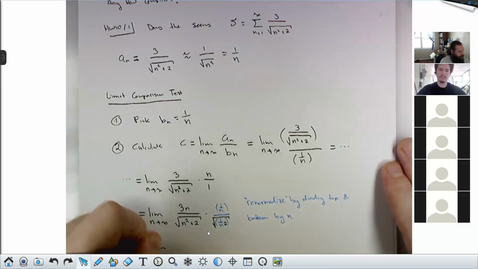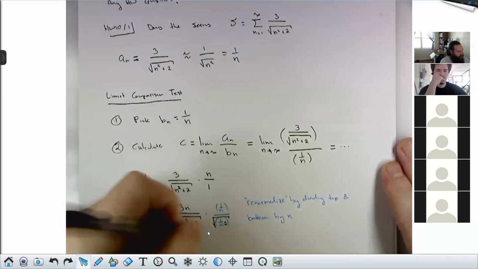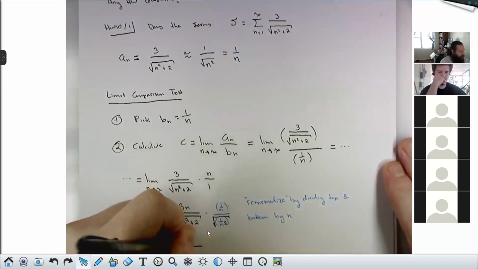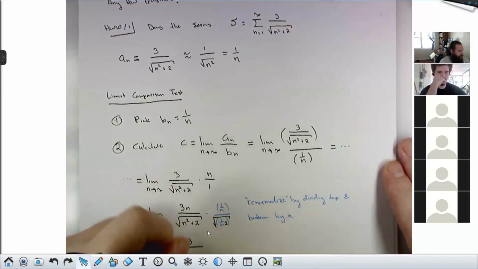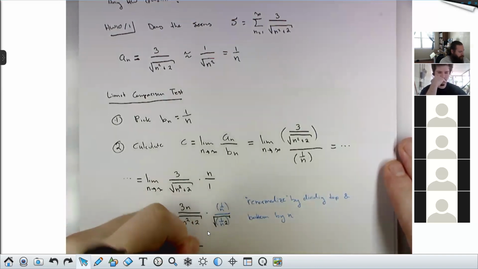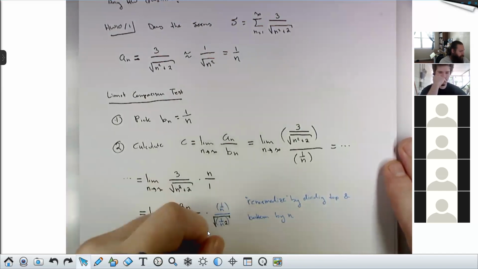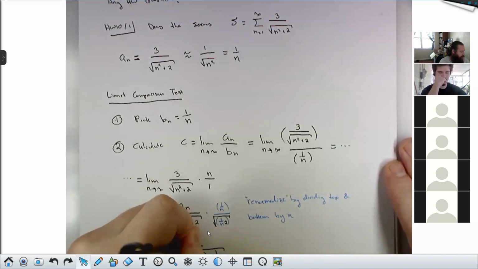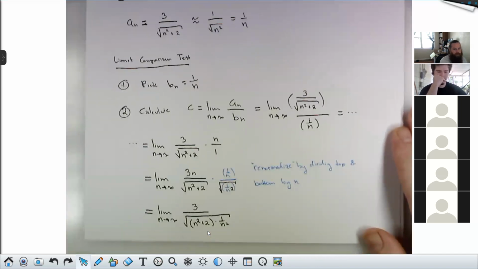This will give me lim n to infinity 3n times 1 over n, which is just 3. And downstairs now I'll have a single large square root. Inside will be n squared plus 2 times 1 over n squared. So, sneaky algebra trick.